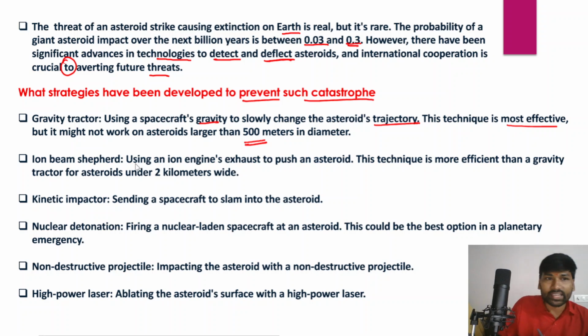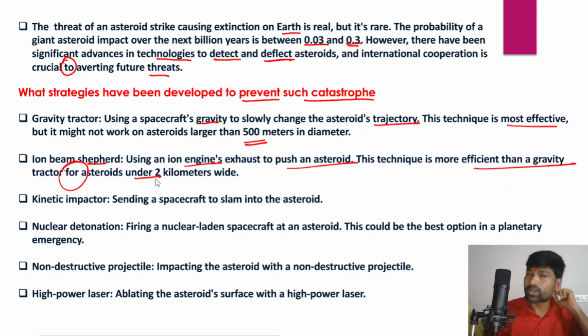The next technique is the ion beam shepherd technique. Under this technique, an ion engine's exhaust is used to push an asteroid, and this technique is more efficient than a gravity tractor for asteroids under 2 kilometers wide.